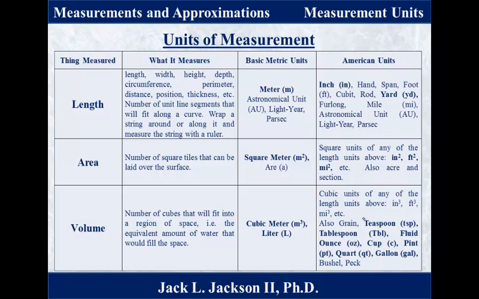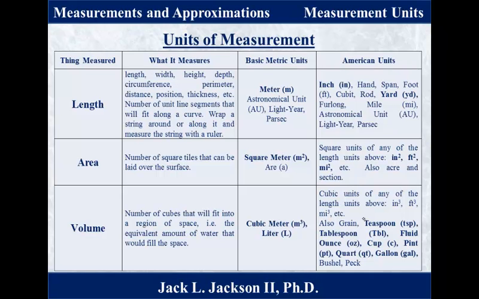And the meter is ultimately based on a real-world thing that can be measured and it doesn't change. So the meter is the basic unit of length, the square meter is the basic unit of area, and the cubic meter or the liter are basic measurements of volume.